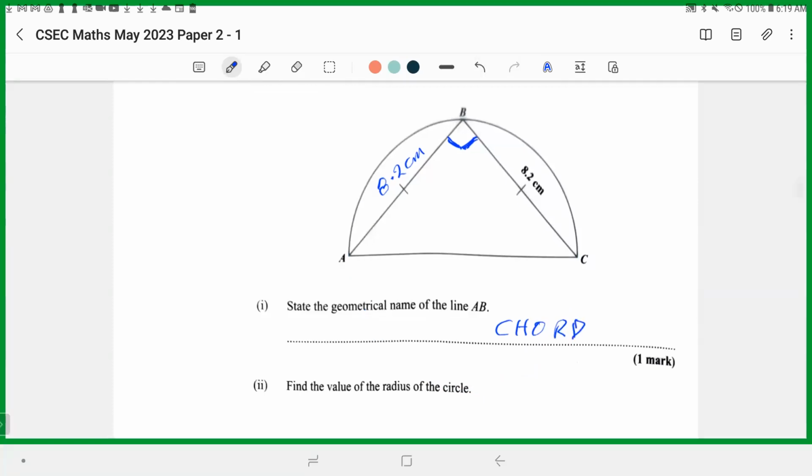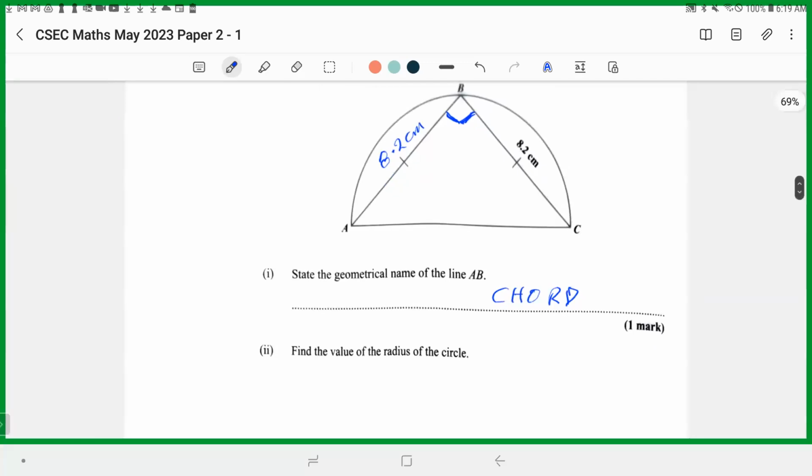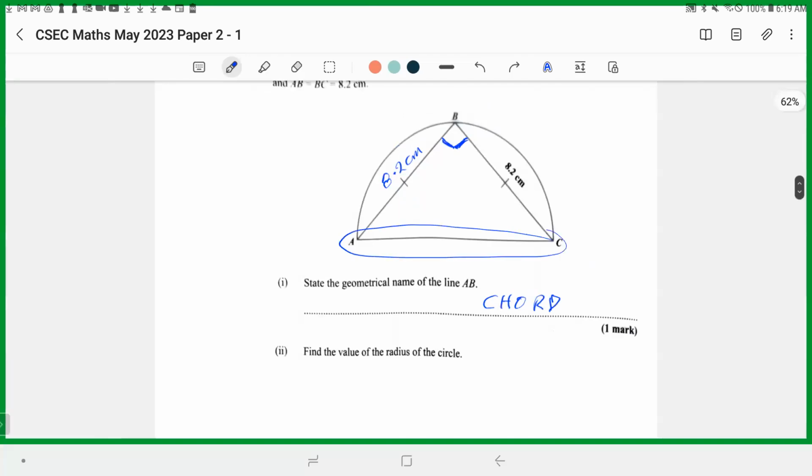All right. Then it says, find the value of the radius of the circle. The radius. All right. So this is the diameter. If we can find the length of the diameter and divide it by 2, then that will be the radius. Because this is a right angle triangle, this side is the hypotenuse because it is opposite the 90. Remember, this angle here is 90 degrees. Why is that 90 degrees?